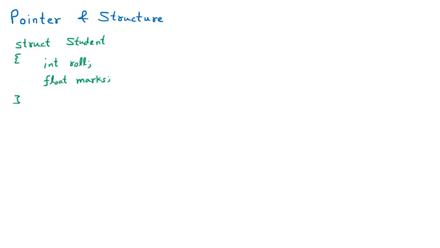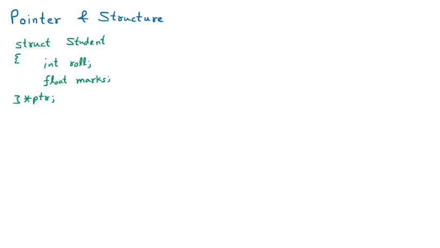Talking about the variable of the structure, there are two methods of creating it. We can write struct student stu, or we simply write stu here. Now I don't want the variable, I want the pointer variable. So I will write star and put ptr. This is the pointer variable we have used.